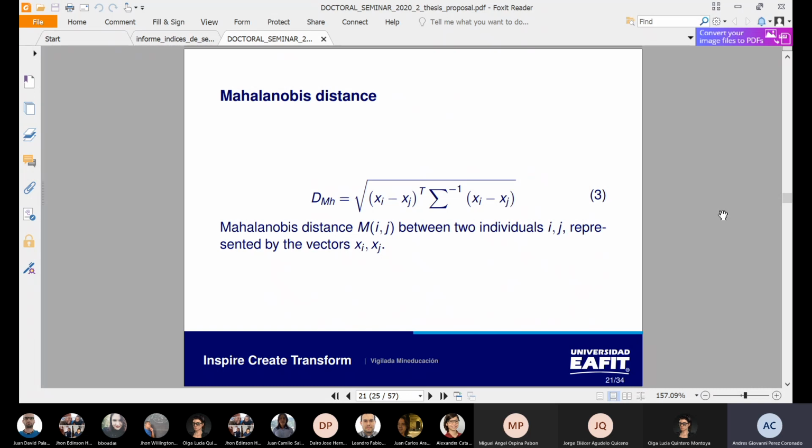That means it's not close to me by meters or kilometers, it is close to me because we resemble each other, these points are similar. So if this point is similar to me, I give more value, and if it is not similar to me, I give less value, a minor value.